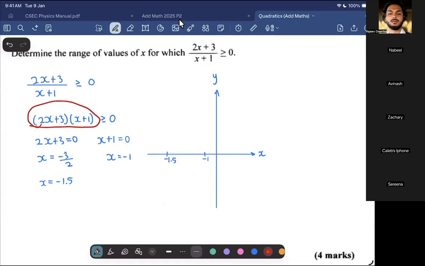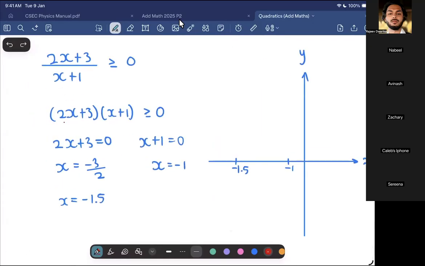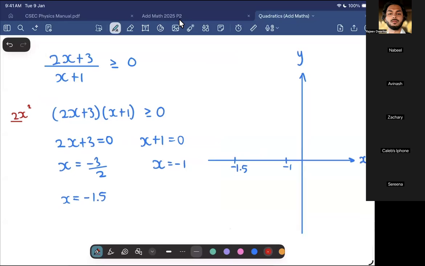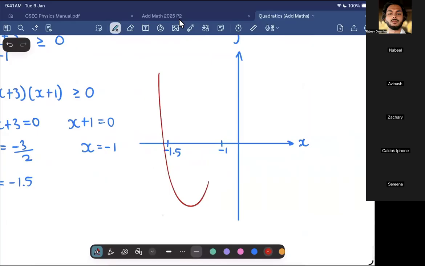It's going to be 2, because 2x by x is 2x squared. The number in front of x squared is 2. Is that a maximum or minimum graph? Minimum. That's a minimum, right? So my graph is going to look like this.